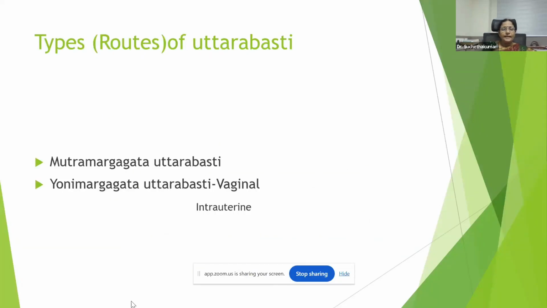Types of Uttara Basti are the Mutra Margagata Uttara Basti and the Yoni Margagata Uttara Basti. In Streeroga practice, the Mutra Margagata Uttara Basti is practiced when the patient is complaining of incontinence of urine.